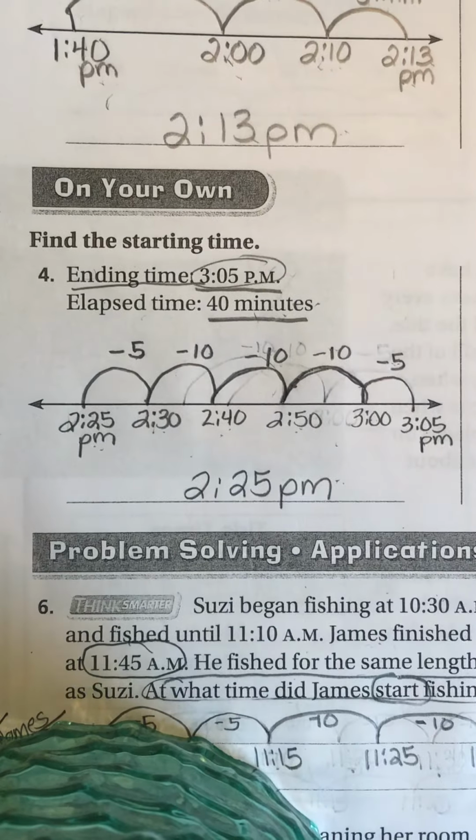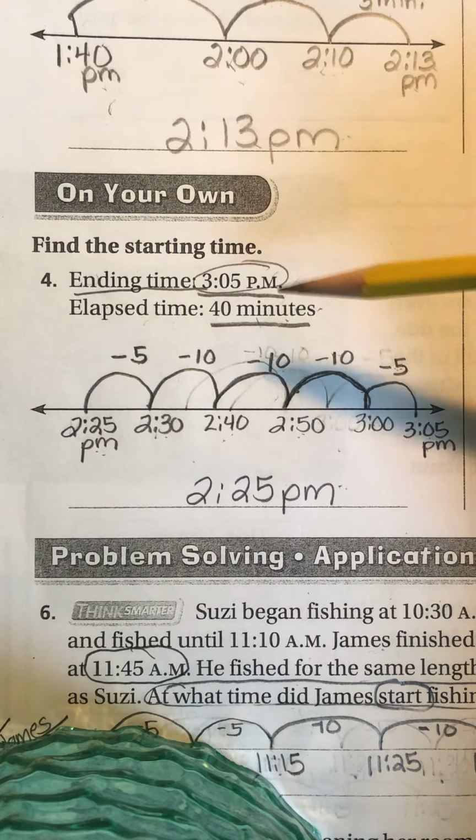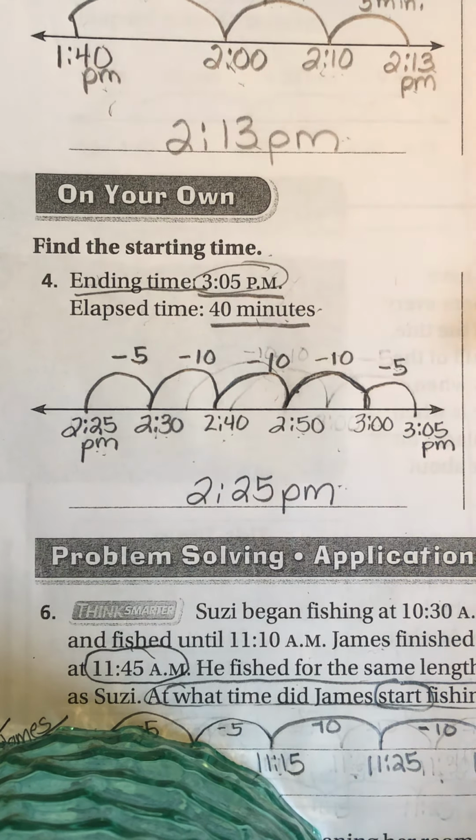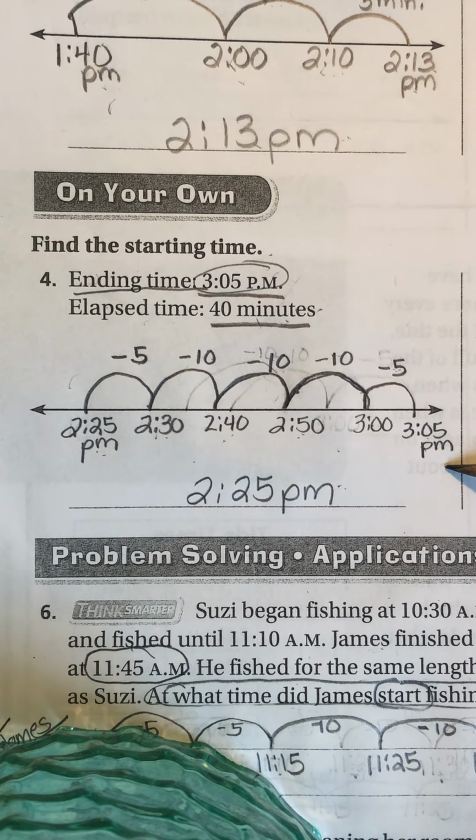Number 4, on your own, but we're doing it together. Find the starting time. Now they want us to go back to the starting time, so now we got to count backwards, okay? Something ended at 3:05. I put it on the number line.